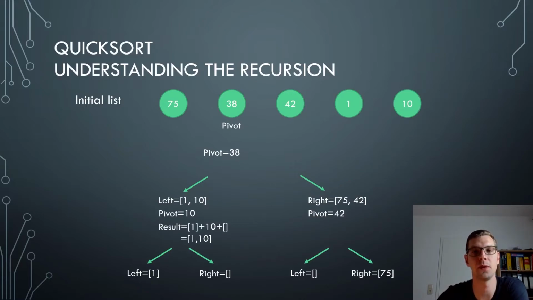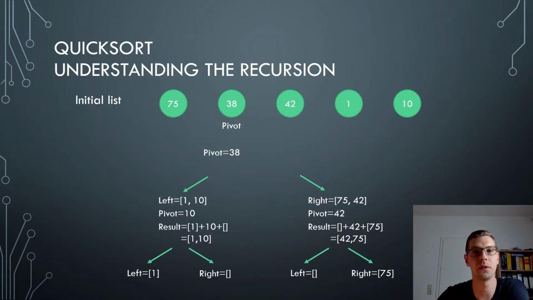In the next step we build our result again. So we have the left list, then we append our pivot element, and in the end we append our right list. Alright, so we are also done with this node.